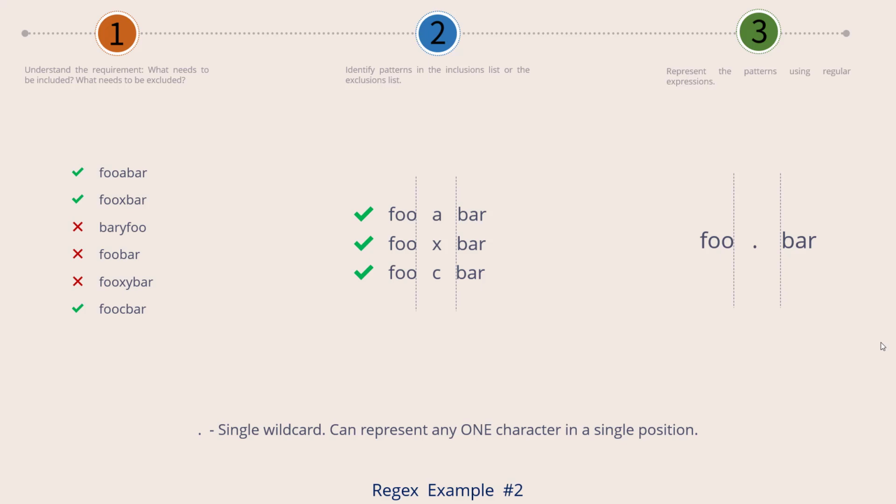So foo, period, bar. Please note that there are no spaces on either side of the period in the real regex string. I have just spaced it out a bit in this presentation so that the 3 sections look clearly separated. So our final regex pattern for example number 2 is ready.